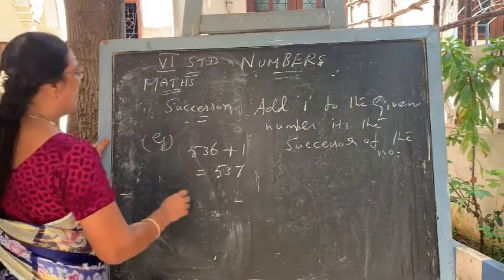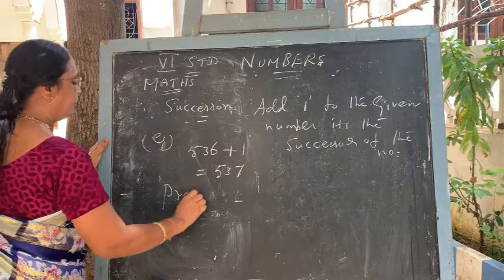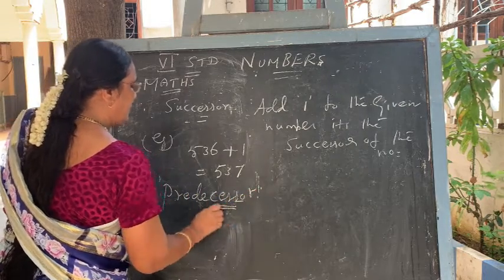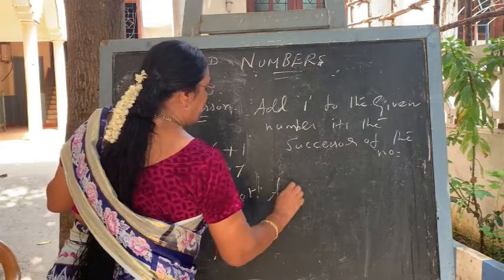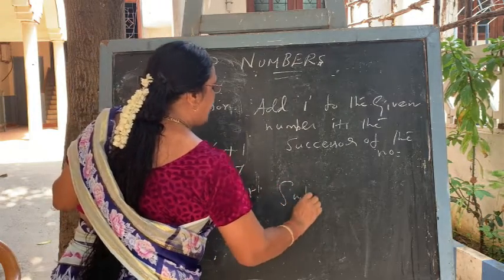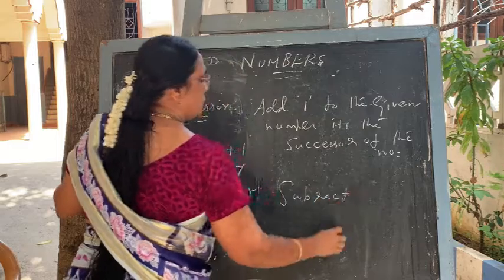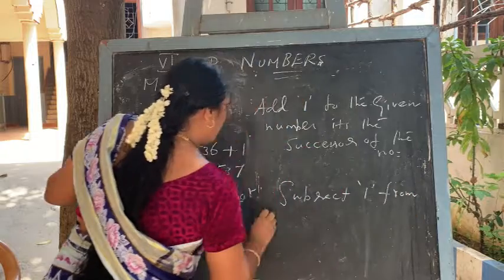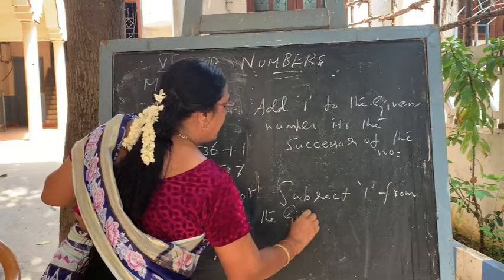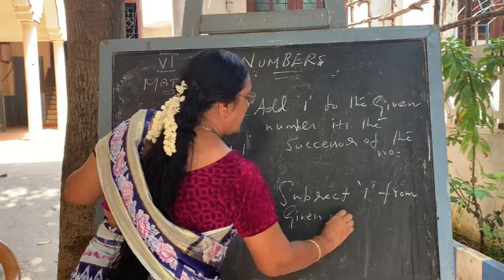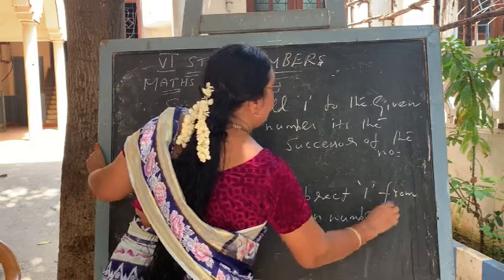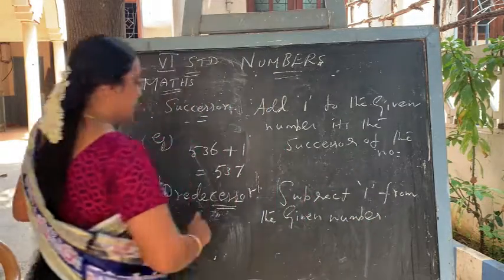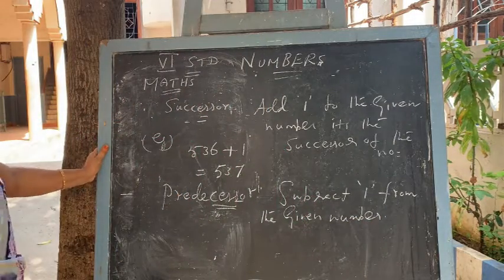Now how to calculate the predecessor? To find the predecessor, subtract 1 from the given number. Subtracting 1 from the given number gives the predecessor of the number.